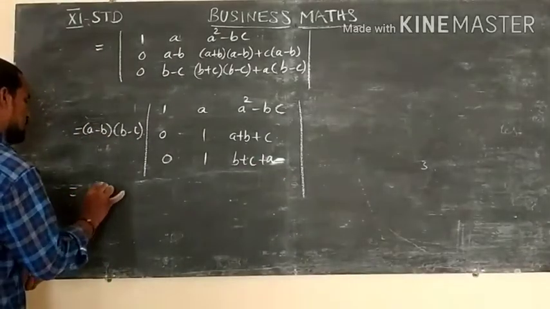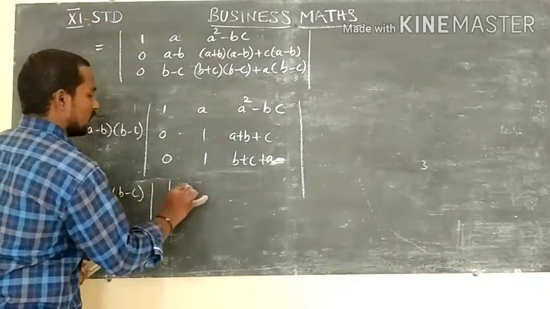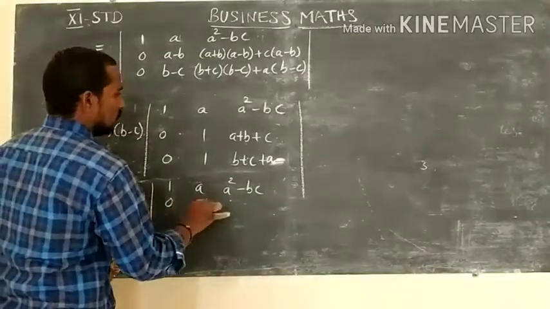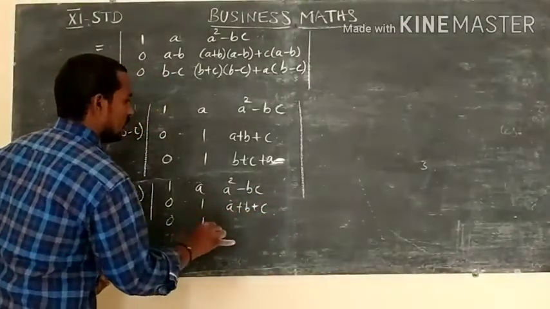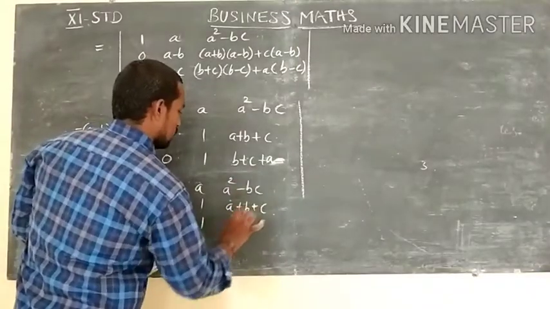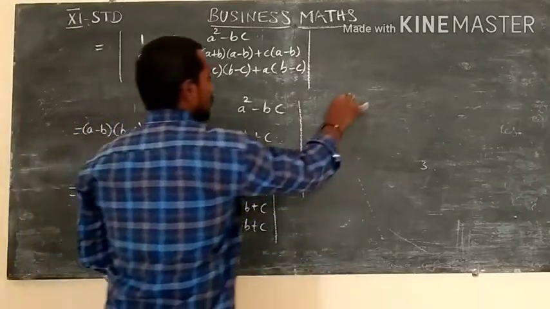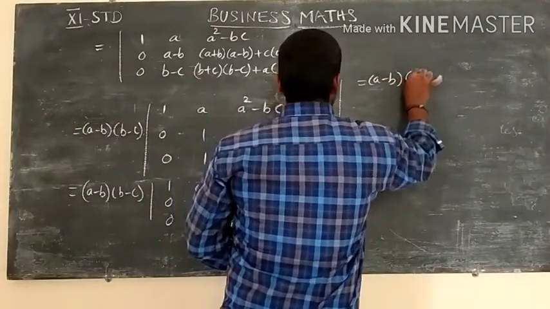Is equal to a minus b into b minus c, is equal to 1, a square minus bc, 0, 1, a plus b plus c, so 0, 1, this is rewritten as a plus b plus c. Okay, this is equal to a minus b into b minus c.